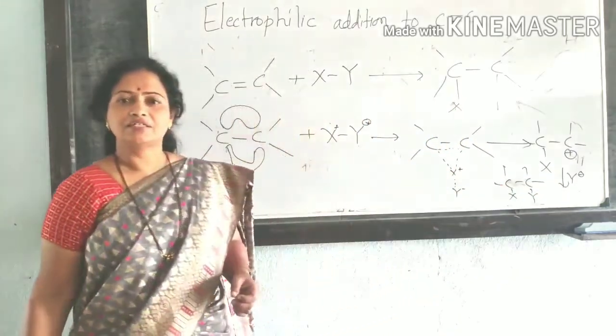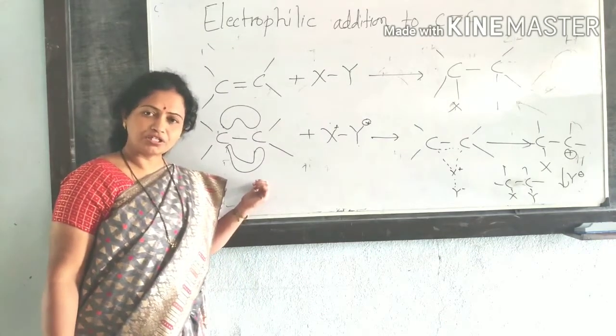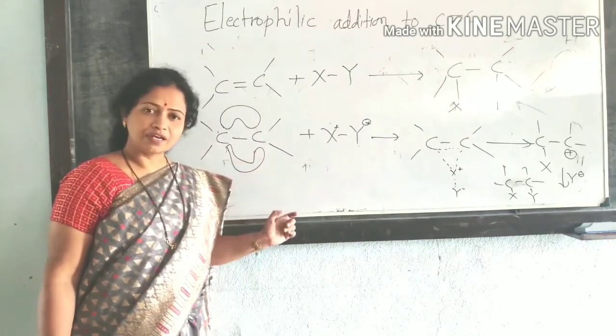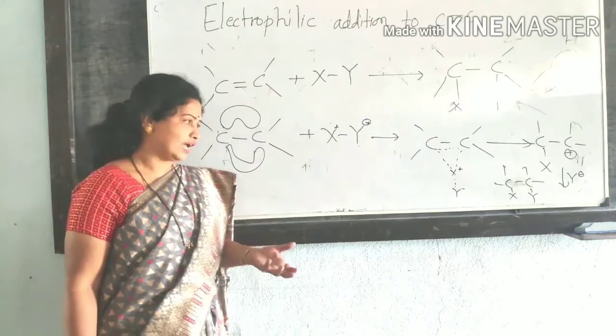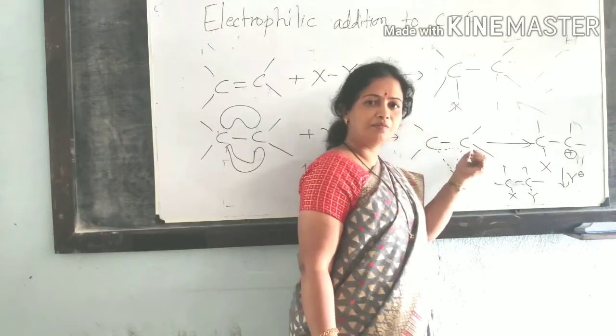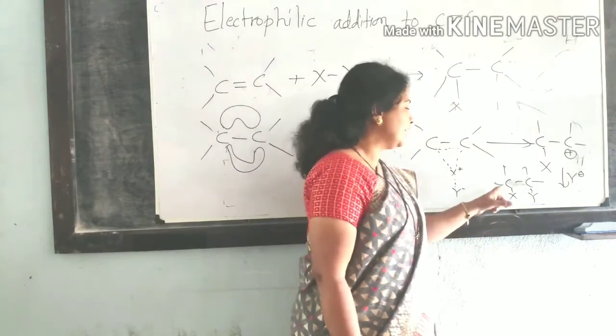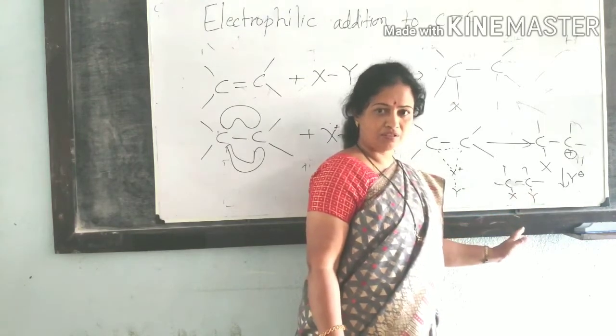This is about its mechanism. Thus, these electrophilic addition reactions to the carbon-carbon double bond become one of the most characteristic reactions, and one pi bond from this carbon-carbon double bond breaks and converts into two new sigma bonds.